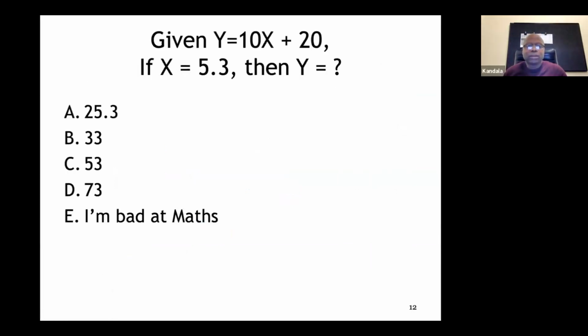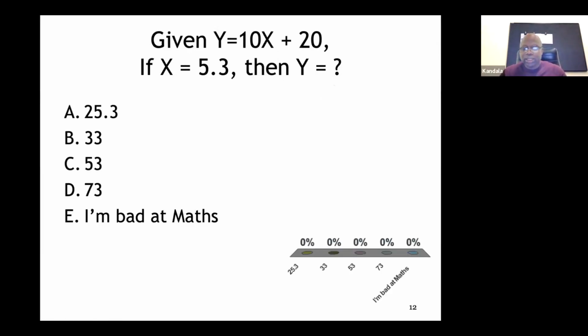So, given our equation, we should be able to predict, if x is equal to 5.3, the value of y. You can always compute this even manually.